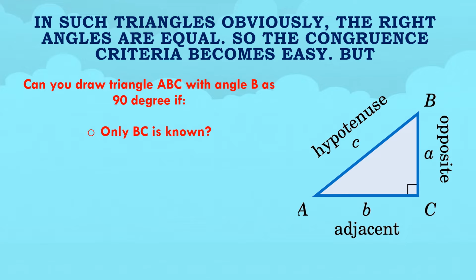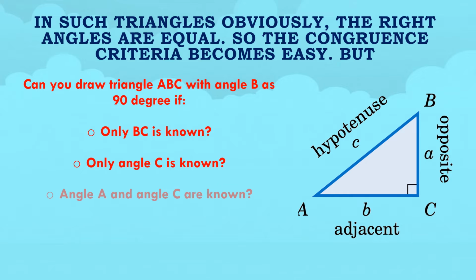No, it won't be possible. Only angle C is known? No, again this won't be possible, because even if angle C is known to you and angle B is known to you, you need to know any one side to draw a triangle, right?